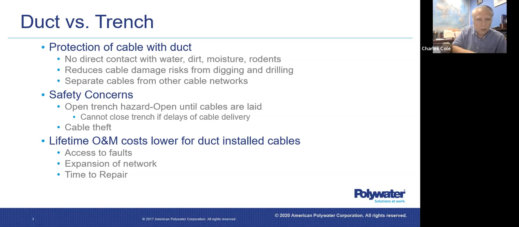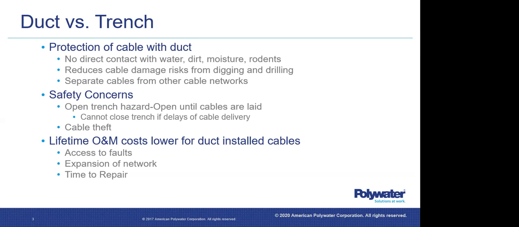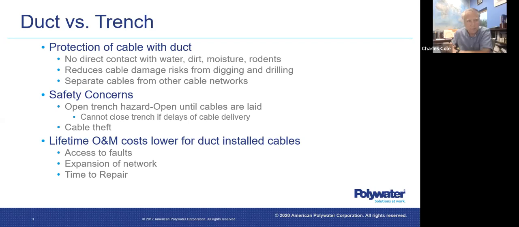There are also instances, again in urban areas, where you've got different networks being placed in proximity to other networks. Those could be fiber optic networks or other electrical networks. A good way of keeping things separate is by using ducts and protecting them from exposure to other networks.